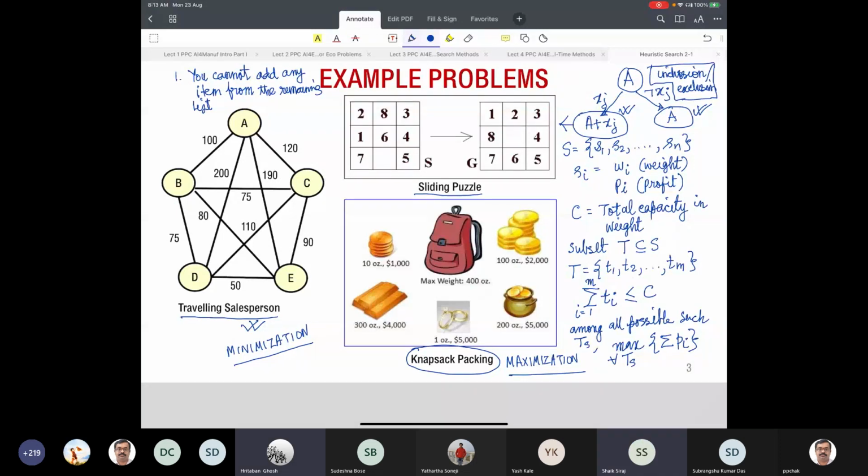Total weight up till now. Yeah, that you can calculate, the total weight, the total profit you can calculate from the items chosen. And anything else in the state? How much of the weight is left? That also you can store because you know the global value.